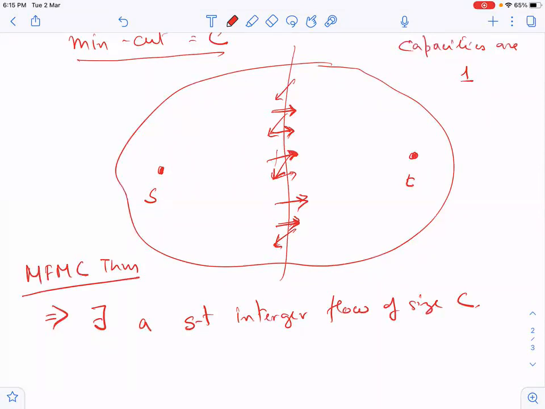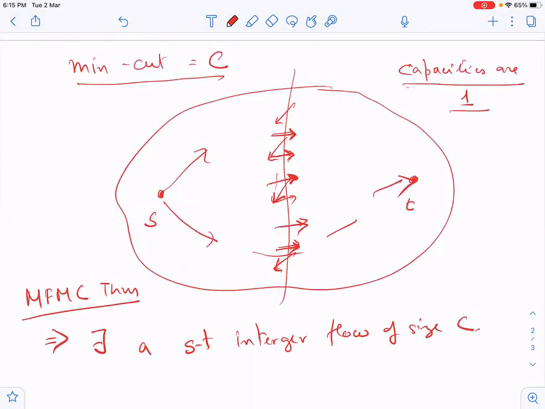Okay, good. So consider that flow. There is some flow, I don't know what that flow is. Note that this is an integer flow, right? So that means in every edge, only an integer amount is passing. The capacity of every edge is just 1.